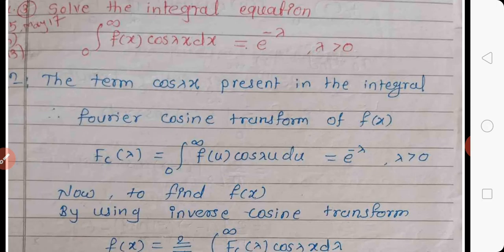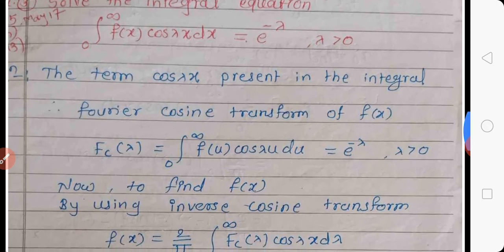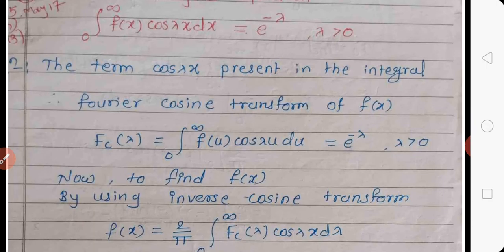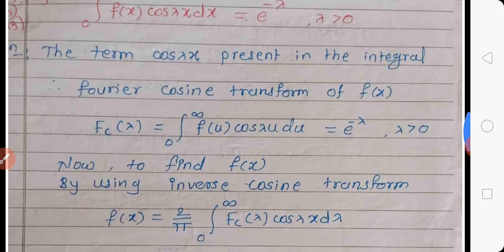Here we are given fc of lambda is equal to e raised to minus lambda. We see how to find the solution for the integral equation. The term cos lambda x is present in the integral, therefore what is given is the Fourier cosine transform.